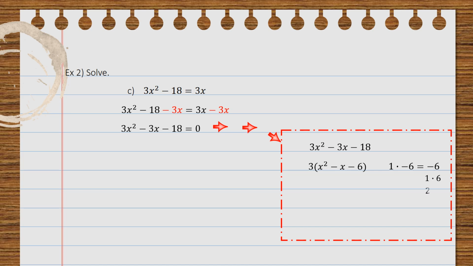We create our list of multiples. It's a very short list. And then we decide, are we going to add or subtract? And because of the sign, we will subtract, and it has to equal the middle number. So it has to subtract to give you -1. From our list, that would give us 2 and 3.